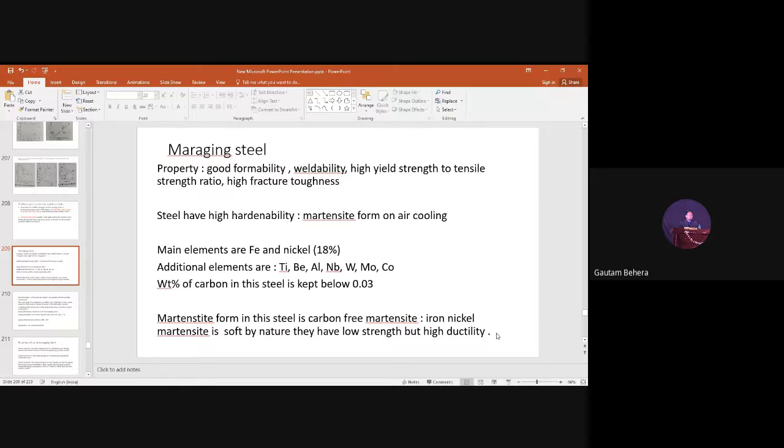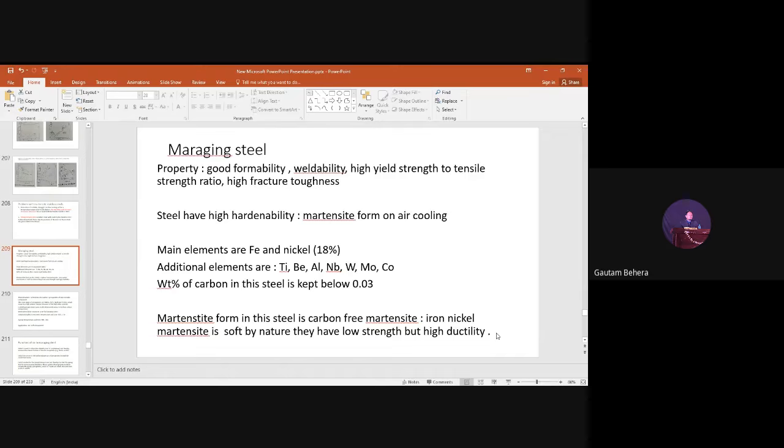The answer is yes. The definition of martensite that we basically call is a supersaturated solid solution of carbon in BCC iron, and its crystal structure is BCT. But this is one of the definitions, not the true definition of martensite, because martensite is a non-equilibrium microstructure which forms due to non-equilibrium cooling.